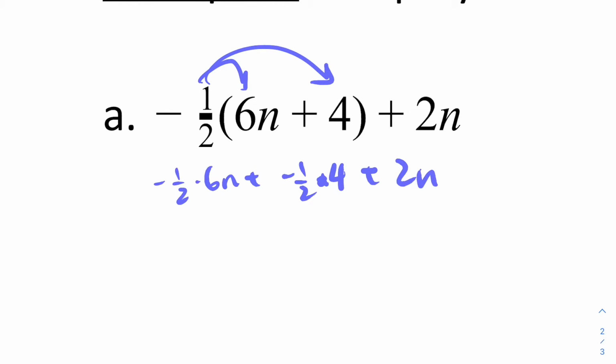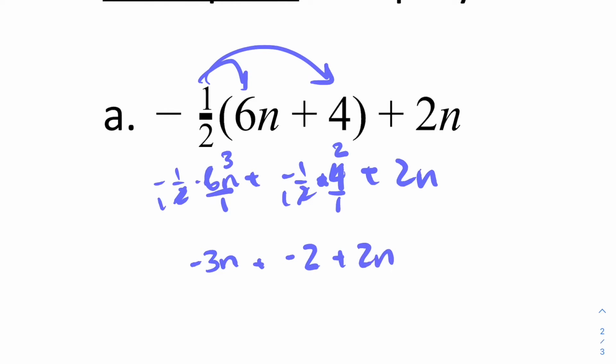Negative 1/2 multiplied by 6n, you get negative 3n, plus negative 1/2 times 4 over 1, you get negative 2 plus 2n. Don't forget to bring down your 2n every single time. Then combine like terms, negative 3n and positive 2n. So I get negative n plus a negative 2.